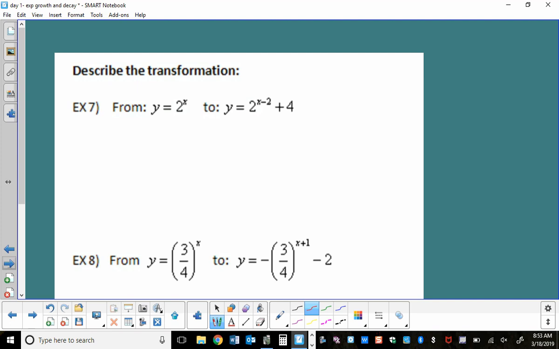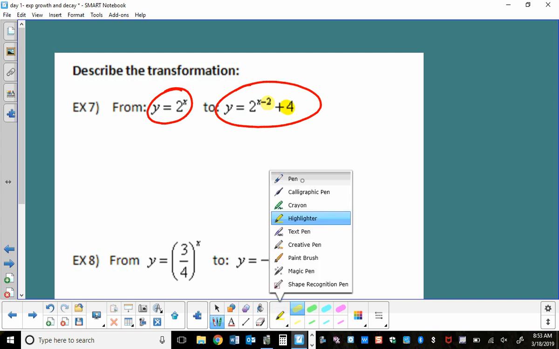If you look at this original y equals 2 to the power of x, and then the new one, I have some things that are missing from the first one. All right, my minus 2 is new. What else is new? The plus 4. So I have 2 transformations.